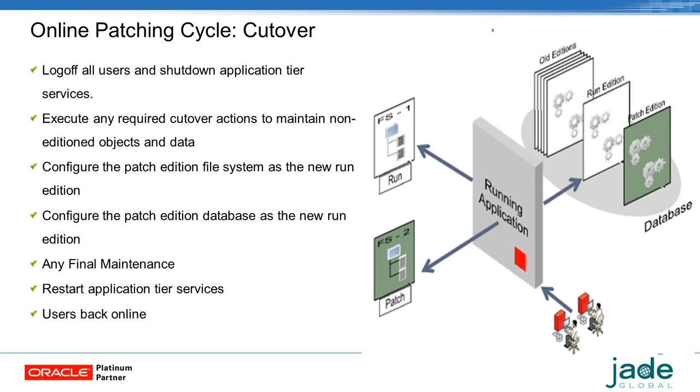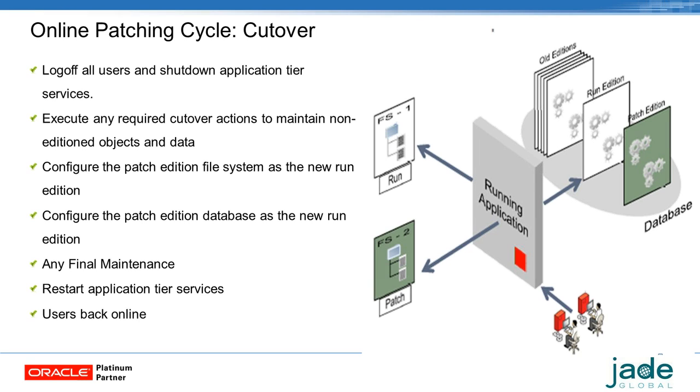After that, you will execute all the required cutover activities, which are nothing but swapping your run edition with the patch edition and the patch edition with the run edition. This can be done by configuring your autoconfig, and once you execute that, the system internally creates and changes the necessary configurations, such as changing file system 1 to a run edition and file system 2 to a patch edition, whereas taking the latest patch edition and putting it into your database as the run edition database.